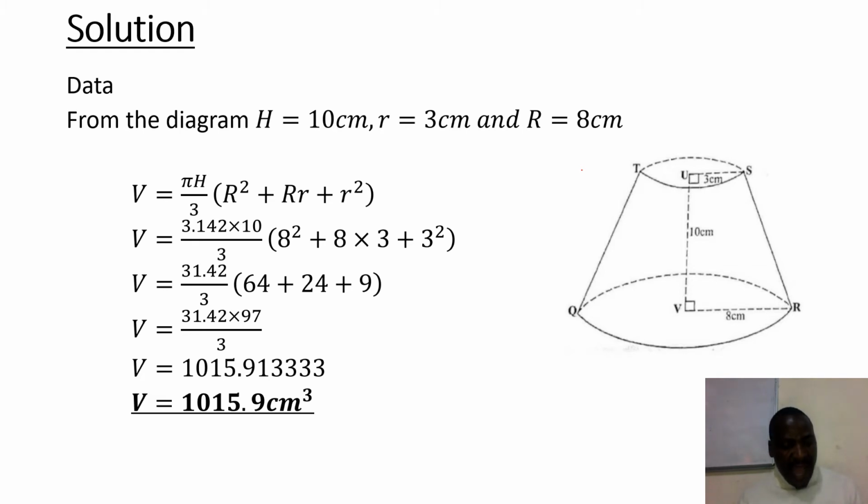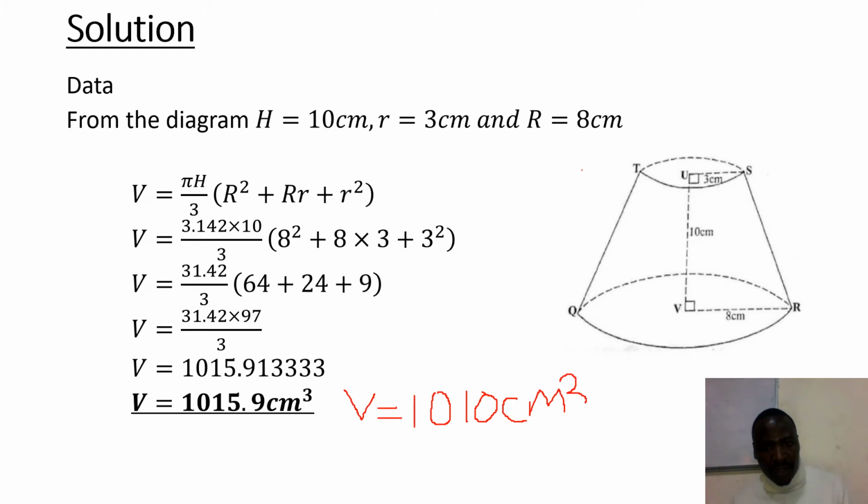In this case, I rounded it off to 1 decimal place, but for us to have the answer according to what the examination demands, we are supposed to have this answer as 1016 square or cubic centimeters, because this one is correct to 3 significant figures. This 0 is significant, and this one is significant.